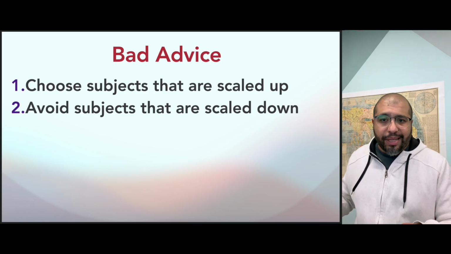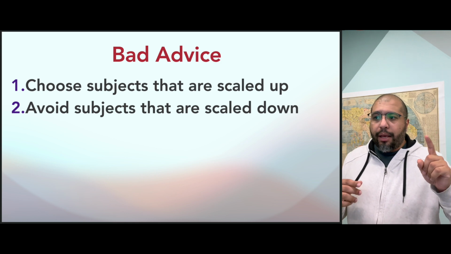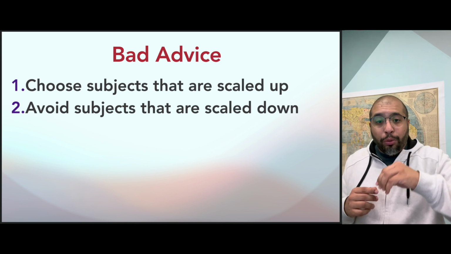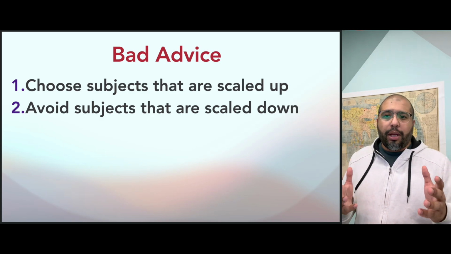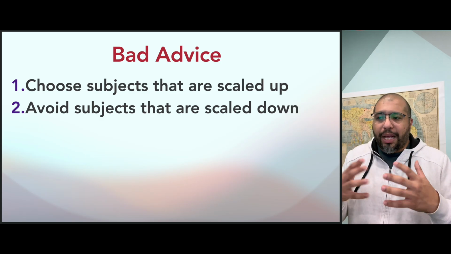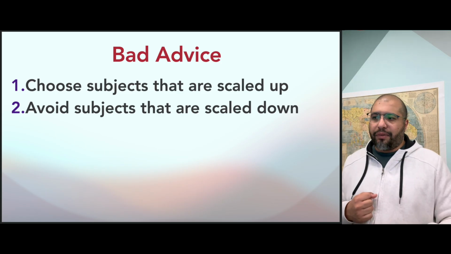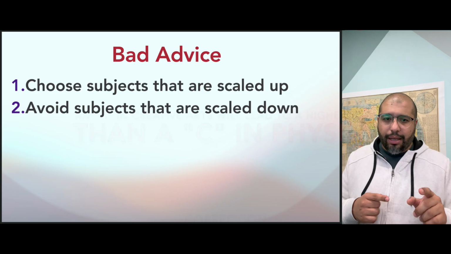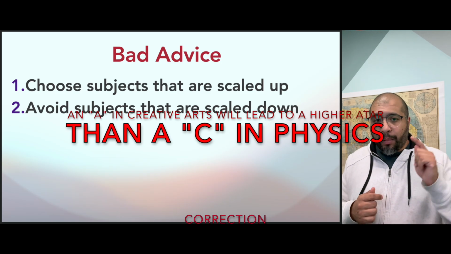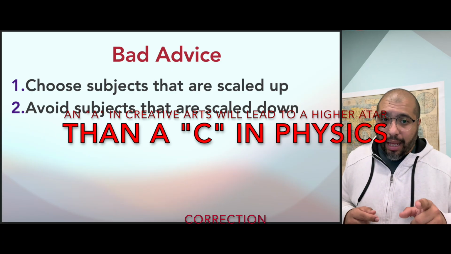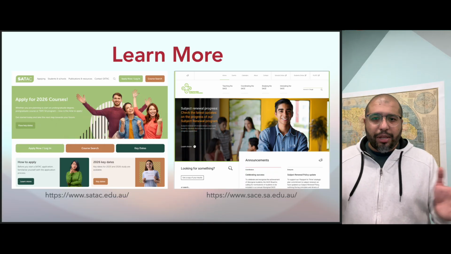But if you choose physics simply because physics is scaled up, then you're likely to end up with a lower ATAR. It's not because physics is difficult. No, it's because you don't have the motivation and you don't have the passion to study physics. And always keep in mind that an A in creative arts will lead to a much higher ATAR than an A in physics.